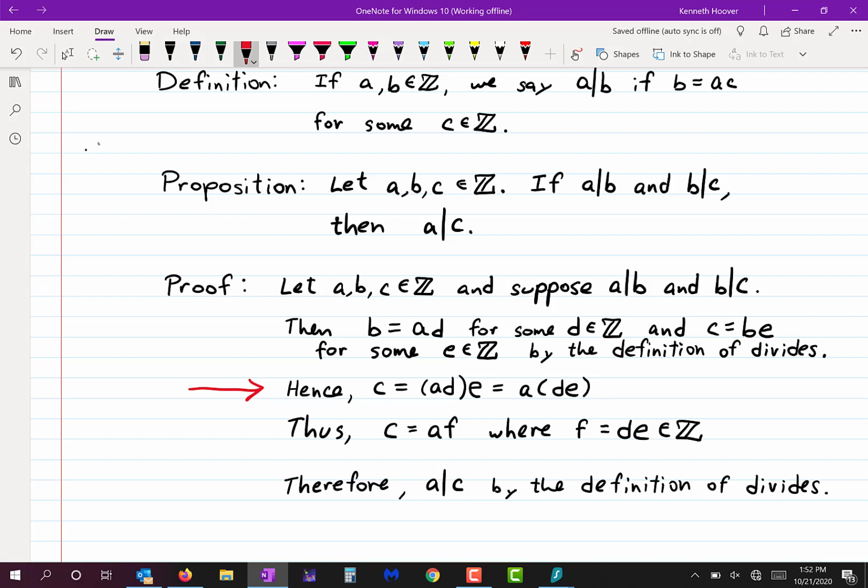I used substitution to substitute AD in place of B. This allowed me to do that. And then I used the associative property to shift the parentheses over. That's all. You don't have to write down by substitution and the associative property. That is taking it a little bit too far, being a little bit too trivial.